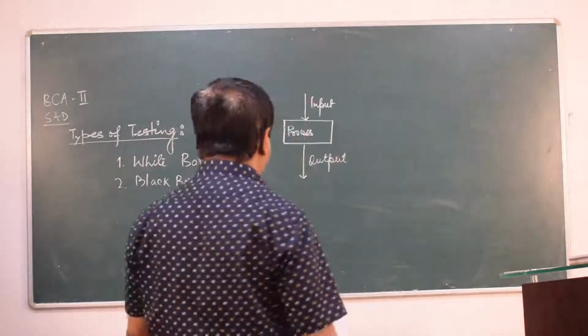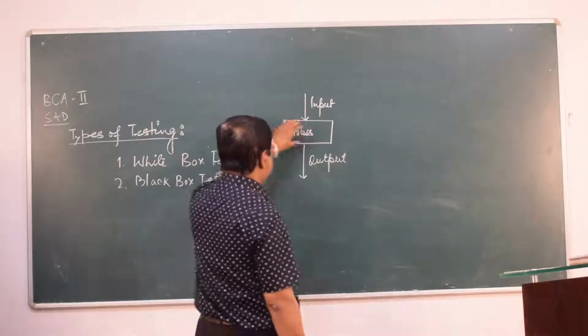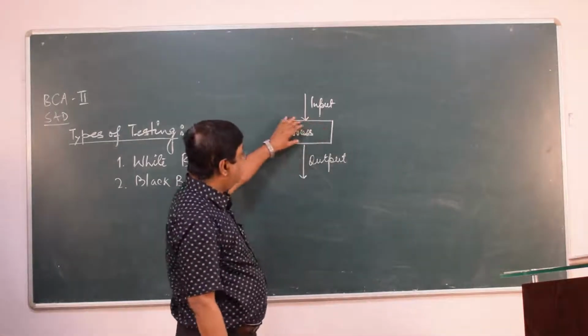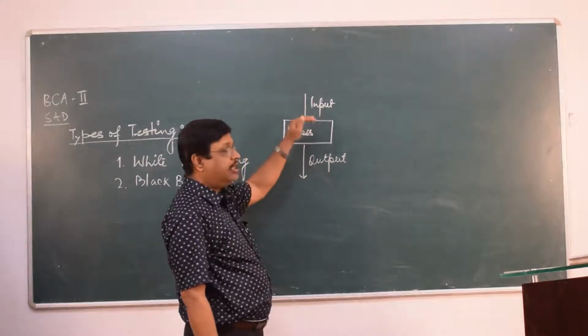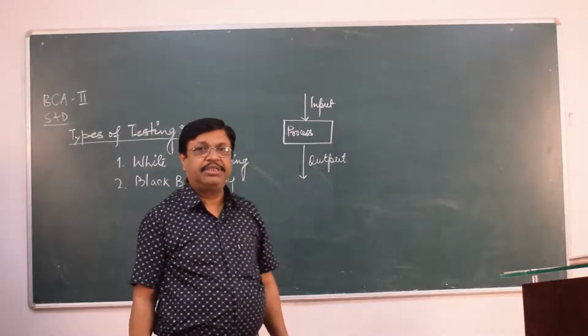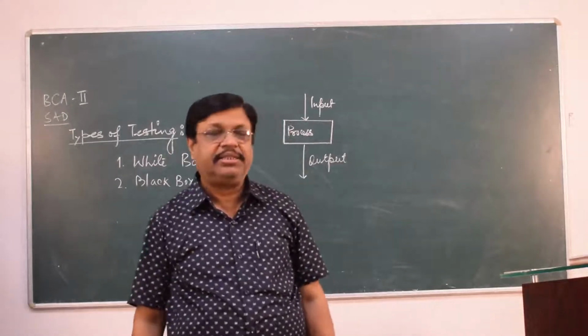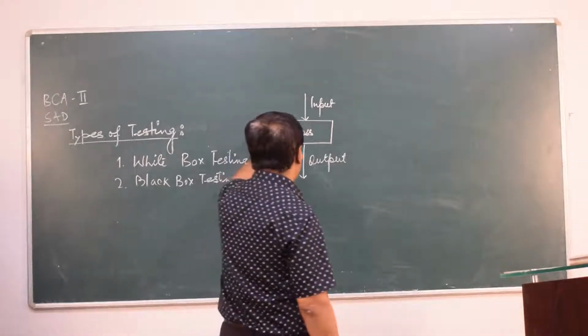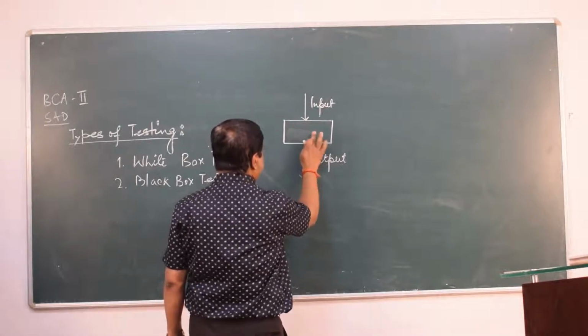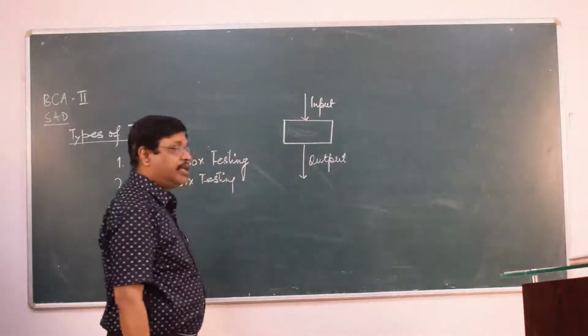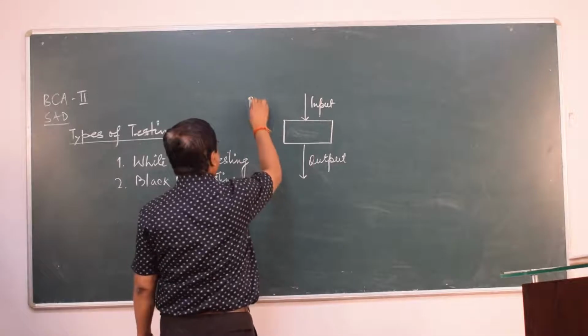We don't test what is the process. We are not concerned at all with the process. We check whether the output is as per input of the program. This type of testing is known as black box testing. Means we don't test the process.